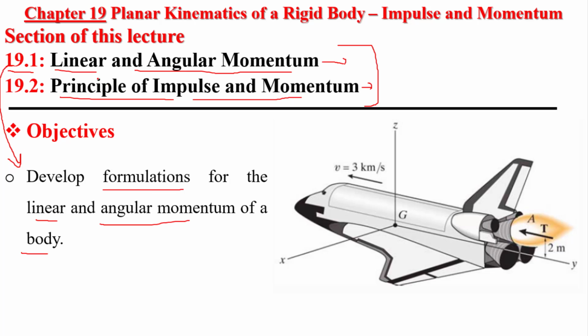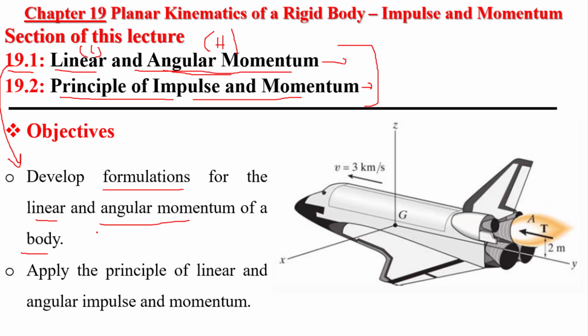We'll see how we can write the equation for linear momentum, and it's simple, by the way, as L. And we'll see how to write the angular momentum equation, as H. The objective of the second section is to apply the principle of linear and angular impulse and momentum.